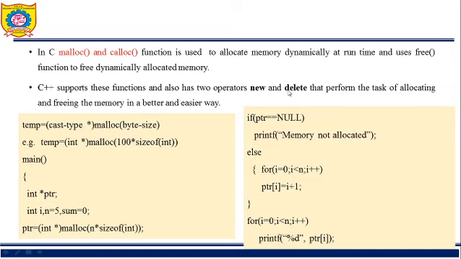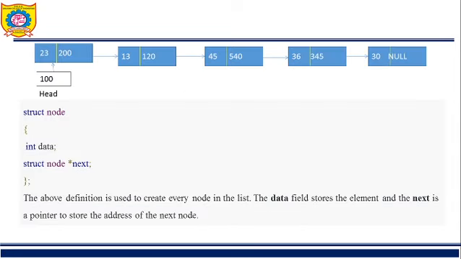Now we are going to start the actual implementation of a linked list using the dynamic memory allocation concept. So this is the list. To create this list we need to create a structure, because using that structure we are creating the same type of nodes.